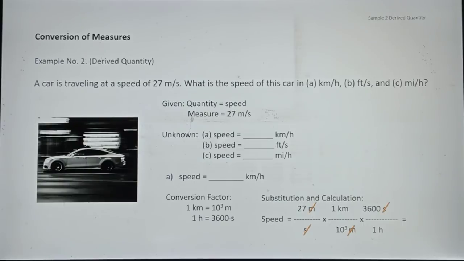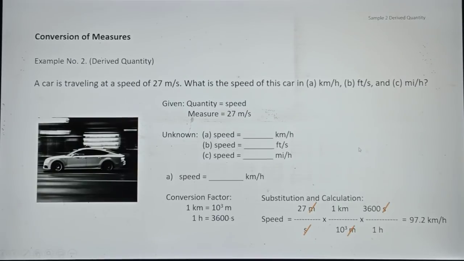The speed equals 27 meters per second times 1 kilometer over 10 to the third power meters times 3,600 seconds divided by 1 hour, where the conversion factors are all equal to 1. Thus, the value will not change. And when calculated, the speed of the car is 97.2 kilometers per hour.